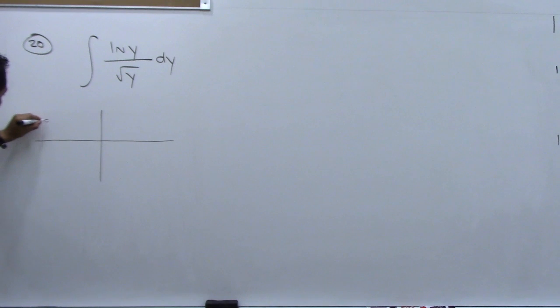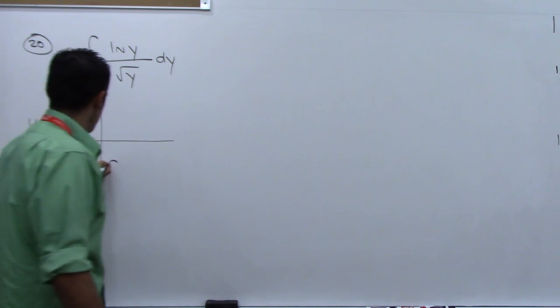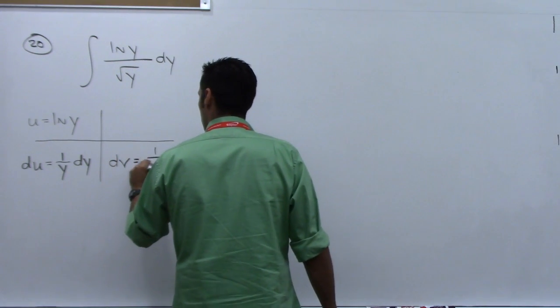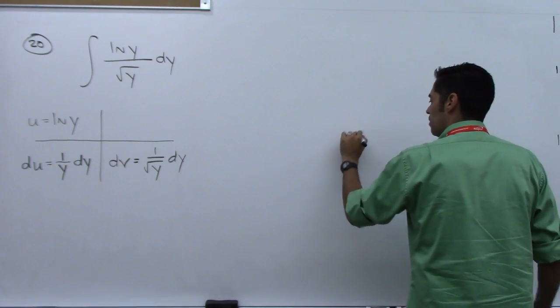u is equal to natural log y. du is equal to 1 over y dy. dv is equal to 1 over root y dy. Now be careful, because what that means, we need to integrate that.